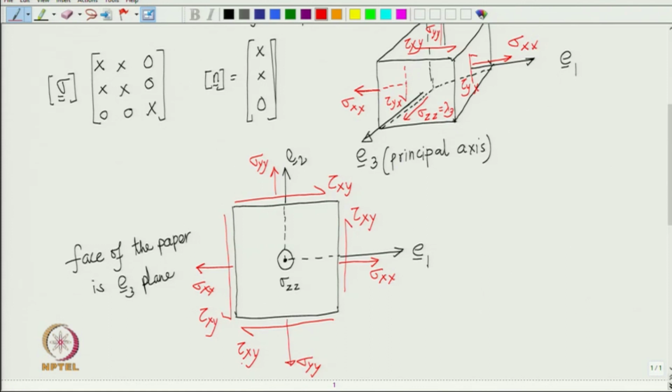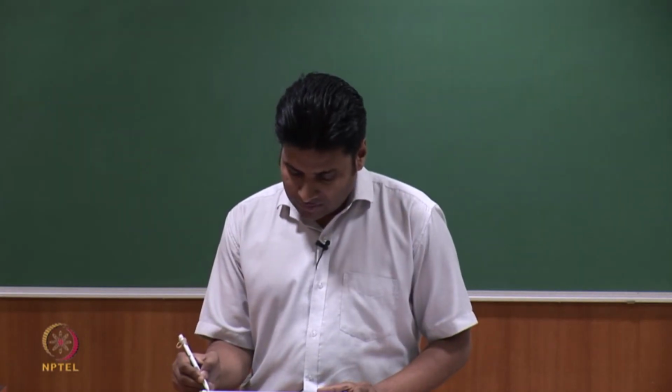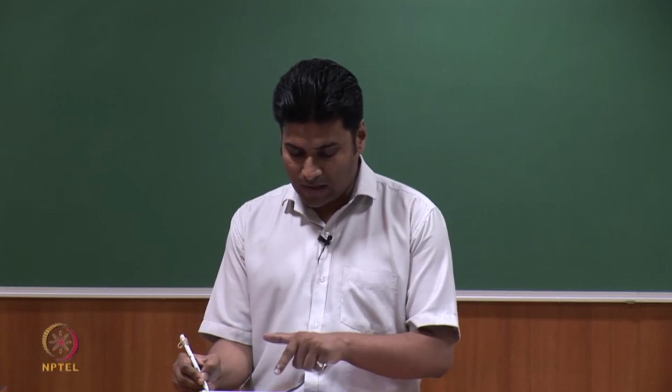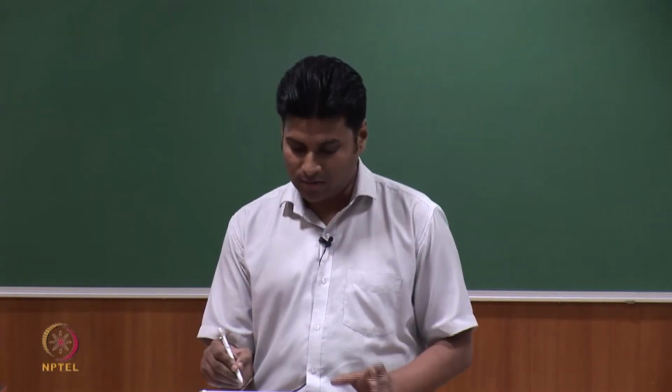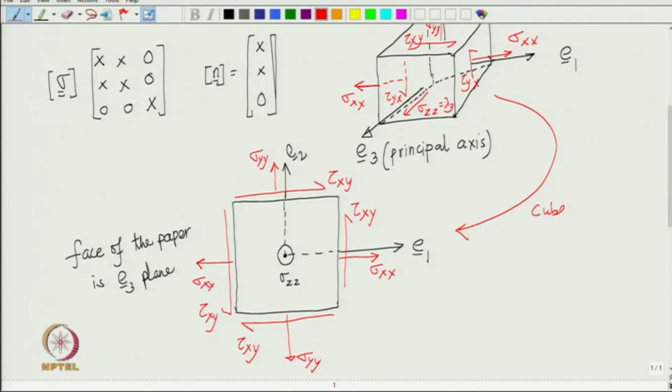Okay. So, you have to understand that we have mixed up, tau xy and tau yx are same. So, I am writing everywhere tau xy. Okay. So, that is the state of stress. You see the cube has reduced to a square. So, cube reduced to a square.